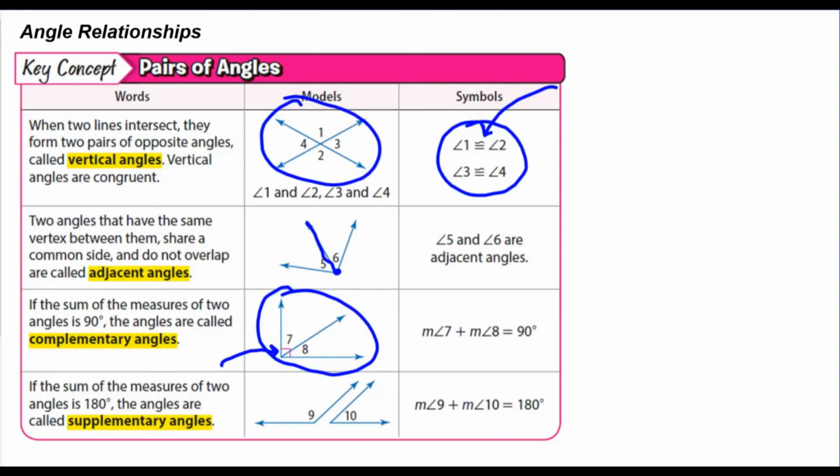So the measure of angle 7 plus the measure of angle 8 is going to be 90 degrees. That's what that little M means right there, the measure of angle 7. And then supplementary angles. Angles that add up to 180 degrees are supplementary angles. So again, the measure of angle 9 plus the measure of angle 10 is going to be 180 degrees.